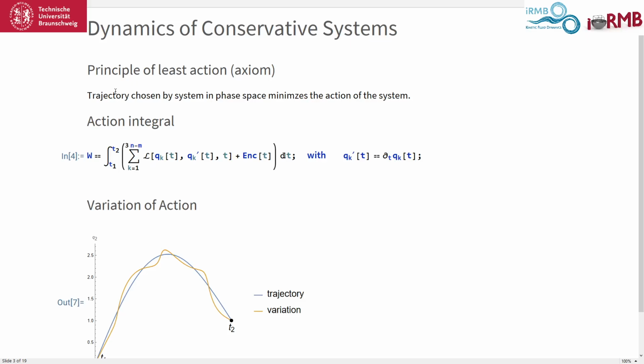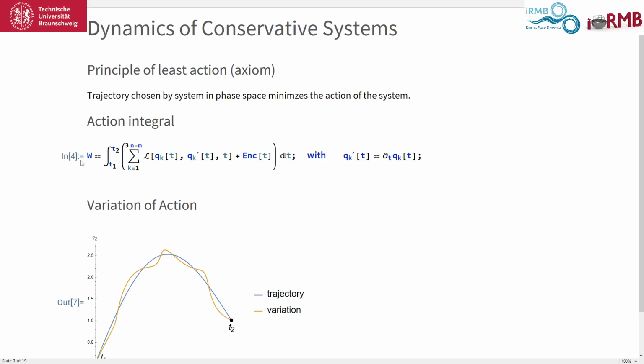It will have a state at one time instance, and it will have a state at another time instance, and the trajectory is all the states that it will have in between, going from one to the other. Integrating the Lagrangian from one time instance to another gives you something that we call the action.